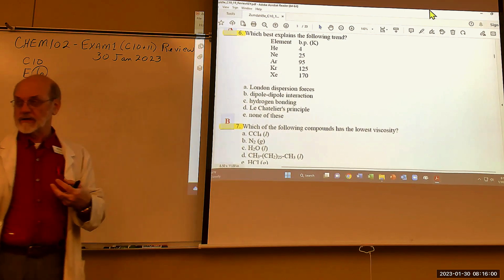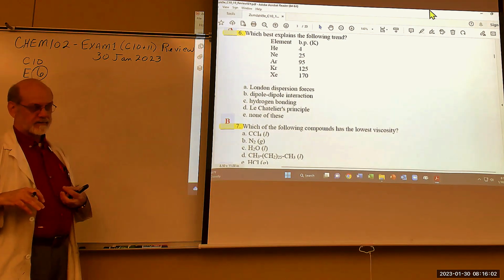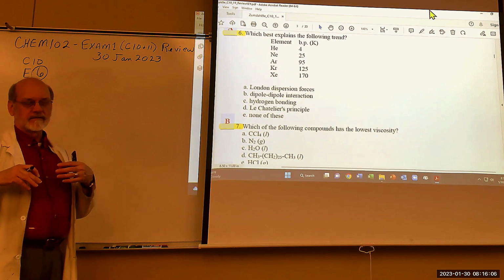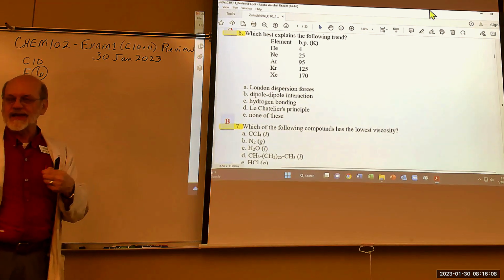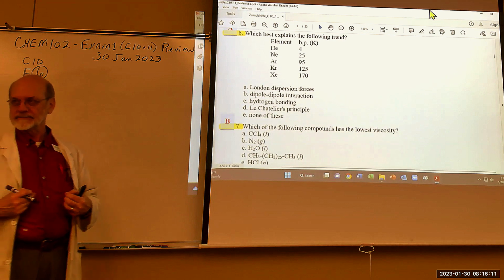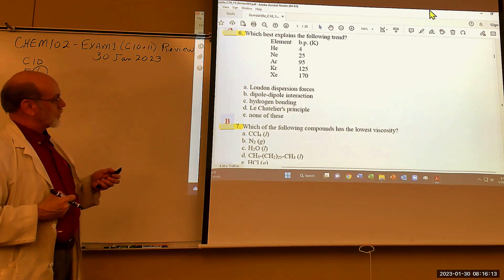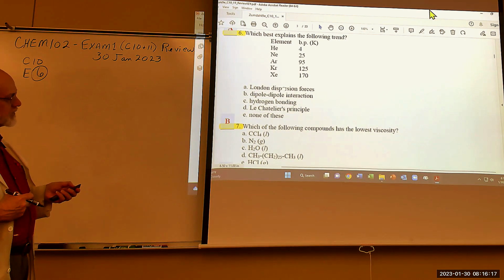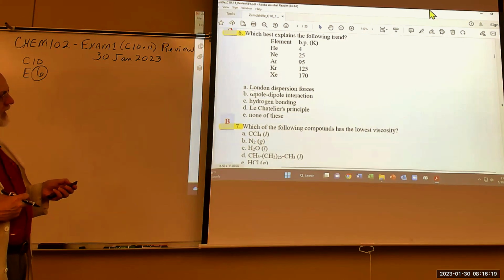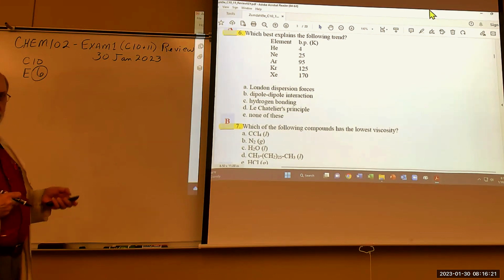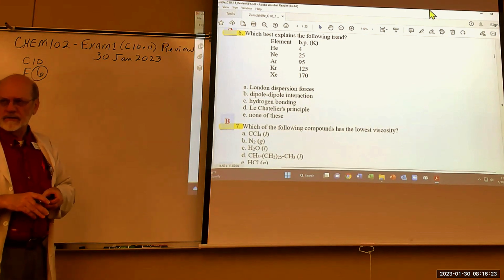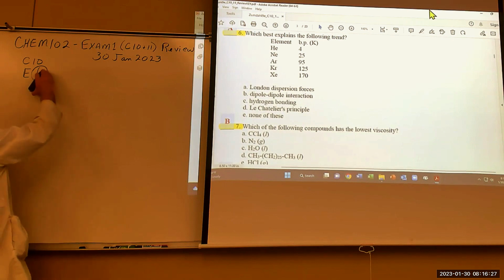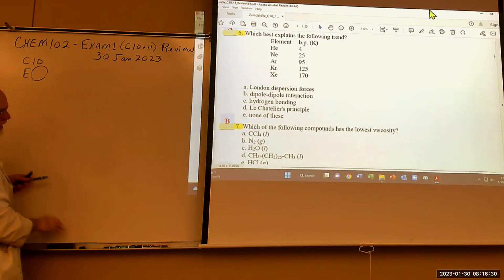That gives you bigger, more frequent instantaneous dipoles, you might say. So that's the explanation, and there's the answer. Only London dispersion forces will account for that difference. I think I mentioned that in the lecture too, shortly. We didn't spend a whole lot of time on it.